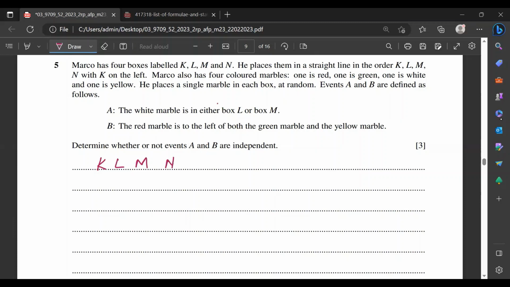Marco also has 4 colored marbles: red, green, one white, and one yellow.